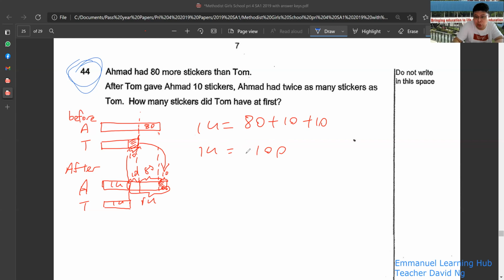1 unit is 100. So Tom at first will have 100 plus 10, 110. Understand? From the model, you can tell this is 1 unit. Then here is my 1 unit. This is 10. So Ahmad initially had 110 plus 90, 200.